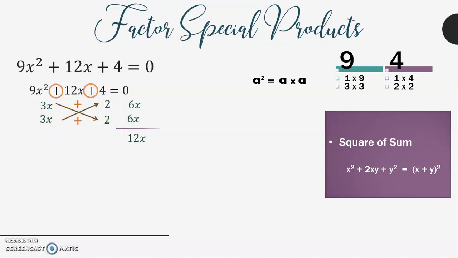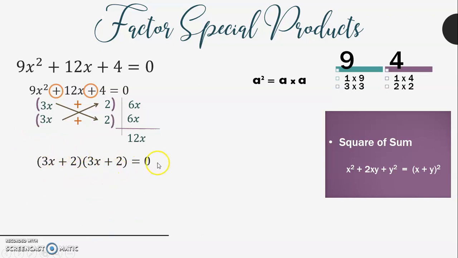And I'm going to prove that the answer it gives me is the same answer I have in the middle. Knowing that this is the correct answer, I'm going to put a parenthesis on each one, and I'm going to write it down like this: 3x plus 2 times 3x plus 2 equals 0.